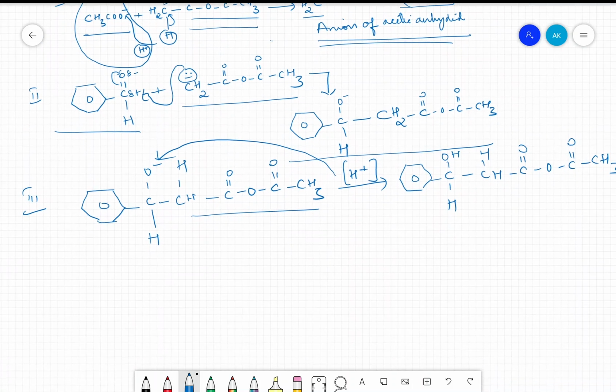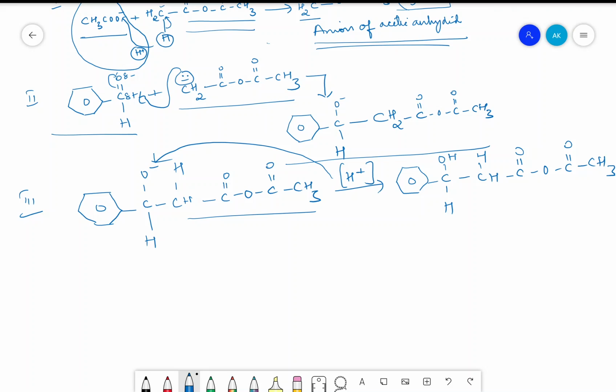We are still away from our product. After protonation or internal proton transport, we are going to go for elimination of a water molecule so that we get unsaturation or a double bond. That is C.